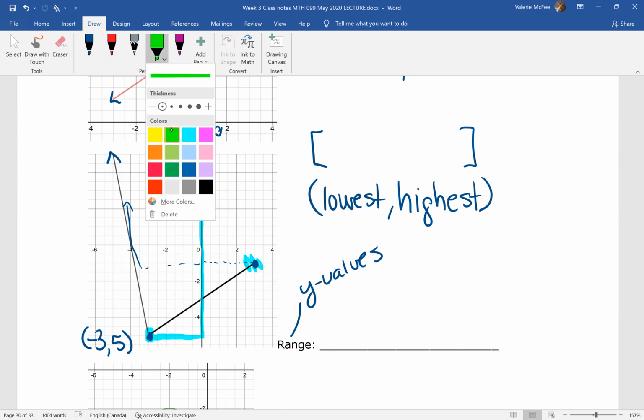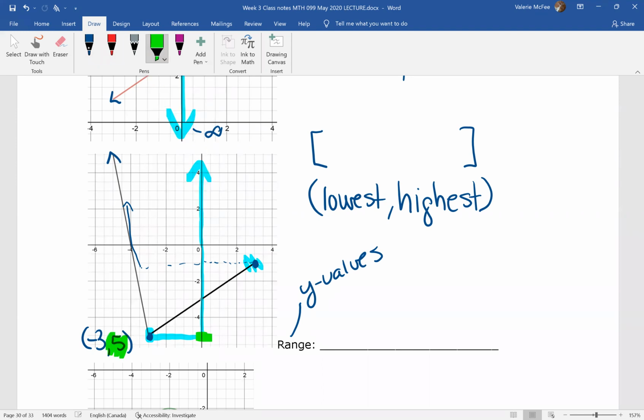It's right here, where y is 5. What's the highest y value on this graph? Remember, it just keeps going up forever to positive infinity. Infinity is always round. What about 5? There's a closed circle here. That means y can equal 5.